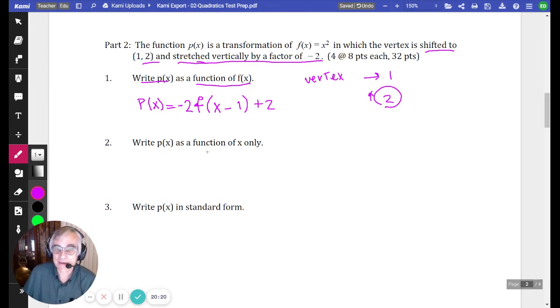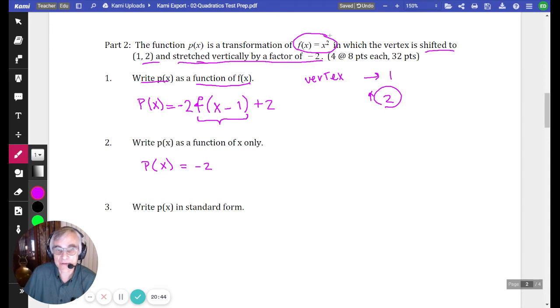Now we want to write p of x as a function of x only, so we're going to get rid of the f, essentially. It's going to start the same way. We're going to say p of x is equal to, and it's almost the same thing, -2 times. Now, this piece here is saying f of x minus 1. And we have to go look again at the definition for f of x, the parent function.